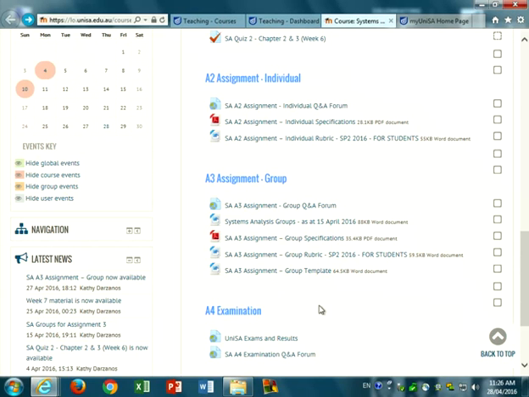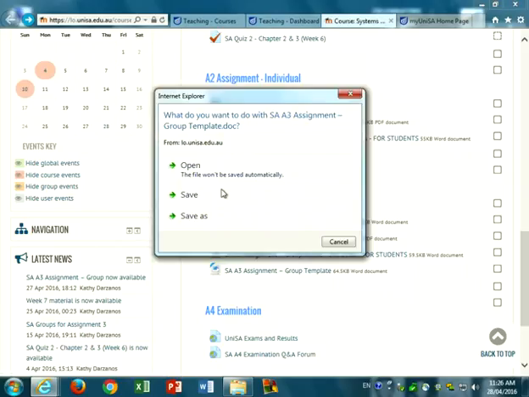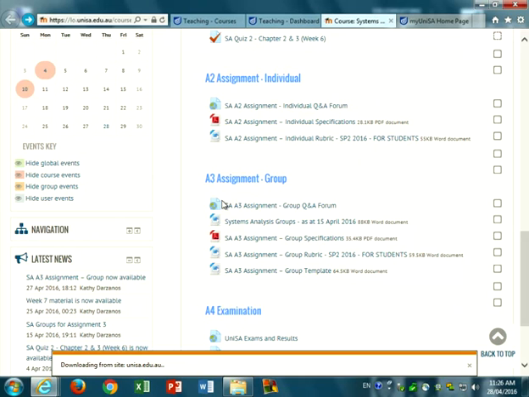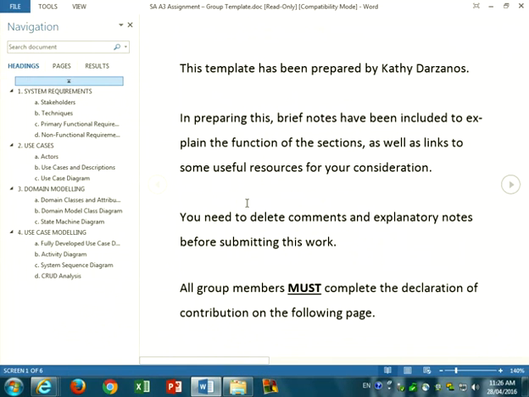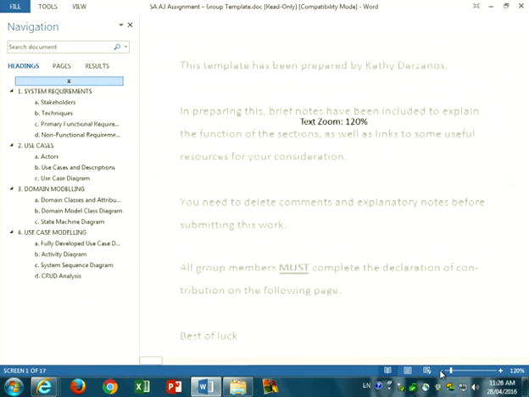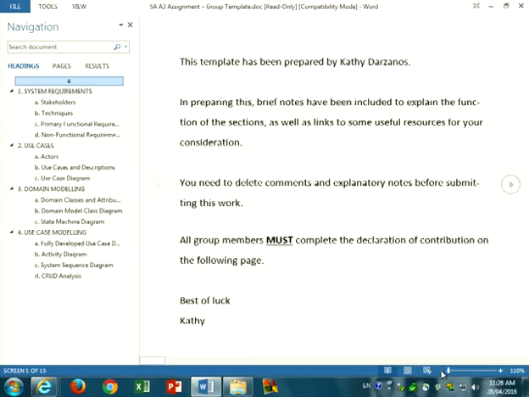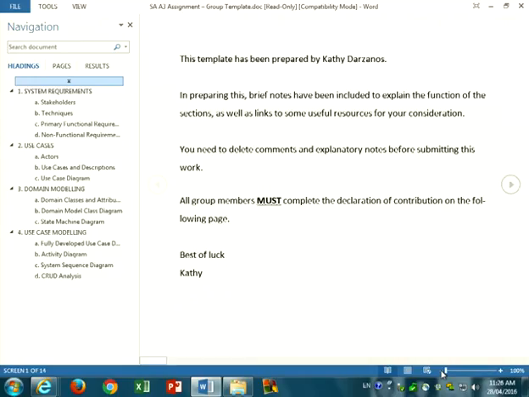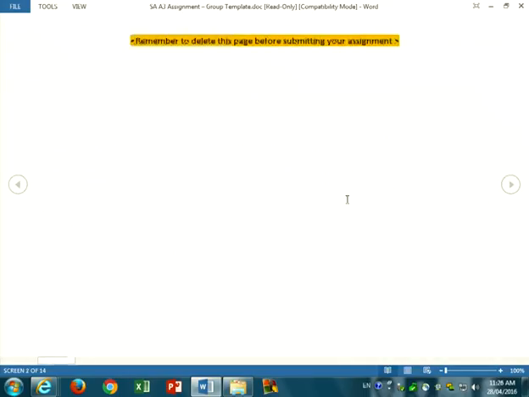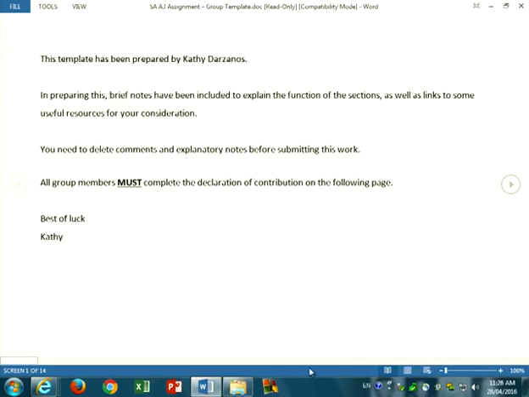The rubric and the group template, the last thing. Not like that.